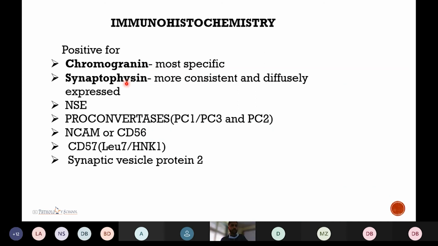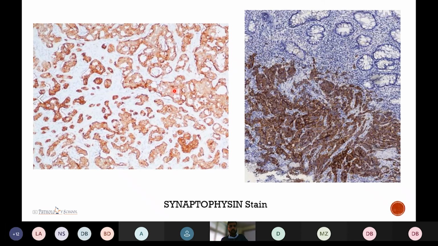So coming to synaptophysin, it is more consistent and diffusely spread. Now synaptophysin, unlike chromogranin, is present mainly in the cytoplasmic vesicles, as you can appreciate here, rather than the secretory granules. So this is synaptophysin positivity.